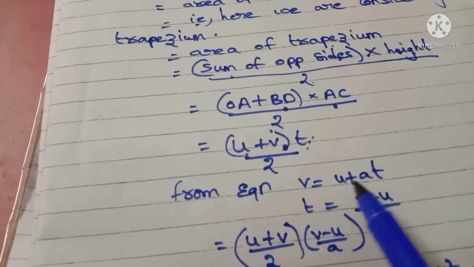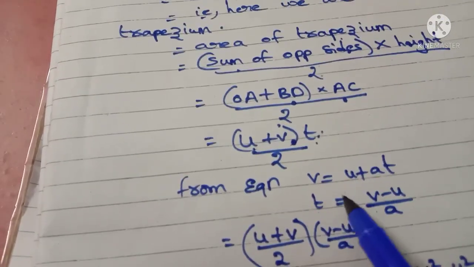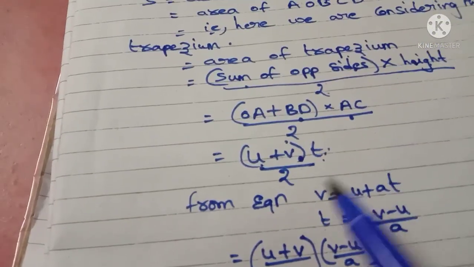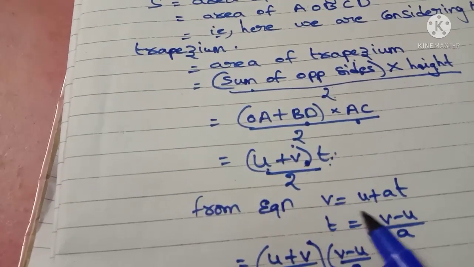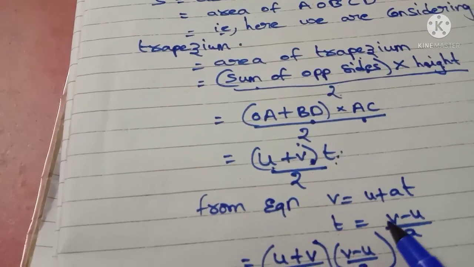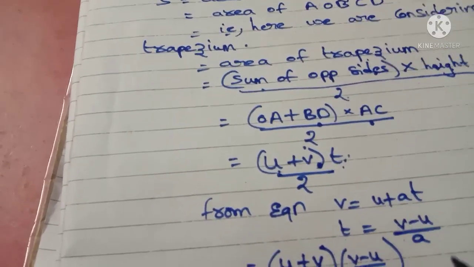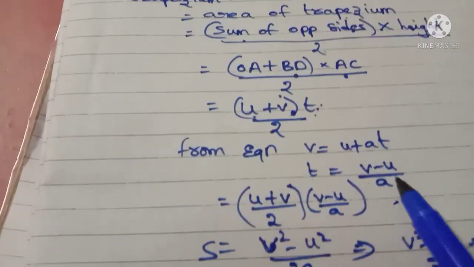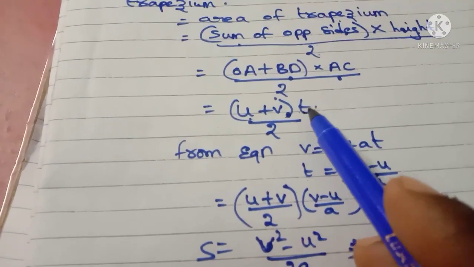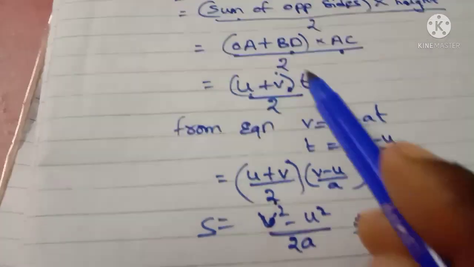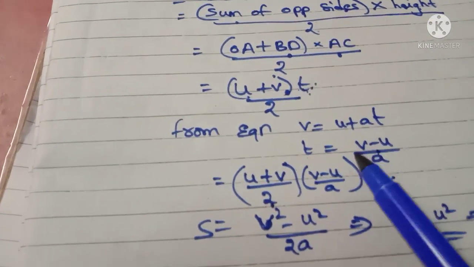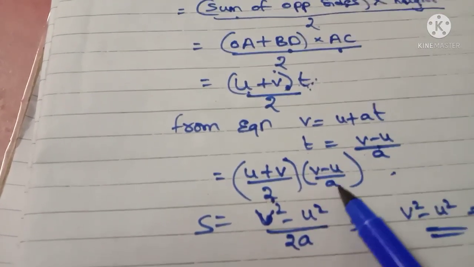From the first equation v equal to u plus at, we derive t: bring this u to the left hand side, and you get t equal to v minus u by a. Now substitute this t value here. Already u plus v by 2 is there. Substitute the t value from the first equation, that is v minus u by a.